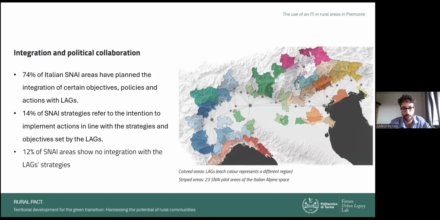However, 12% of the SNAI areas show no integration at all with the LAG strategies.